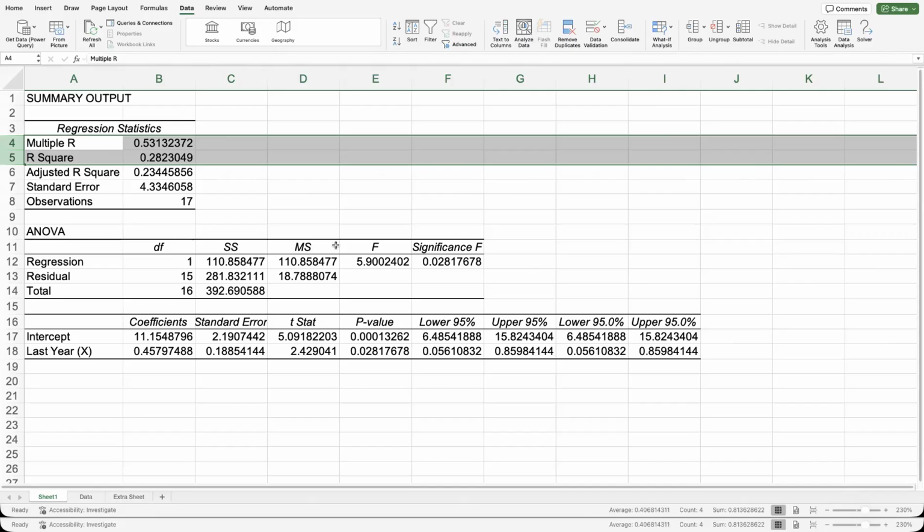But this is a stronger relationship: 0.53, an R bigger than a half, we're closer to 1 than 0. Please notice what they didn't give me in the ANOVA is an F crit, but they gave me the p-value under that significance F, so that's good enough for me to be able to test whether or not this variance is unusual.